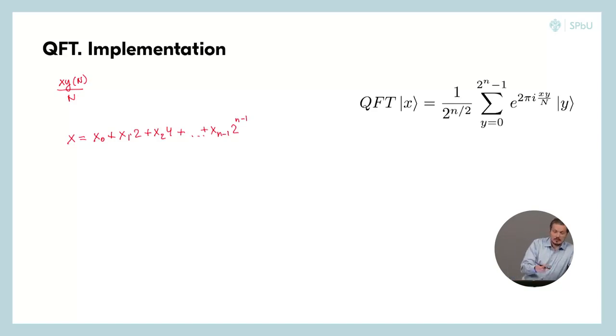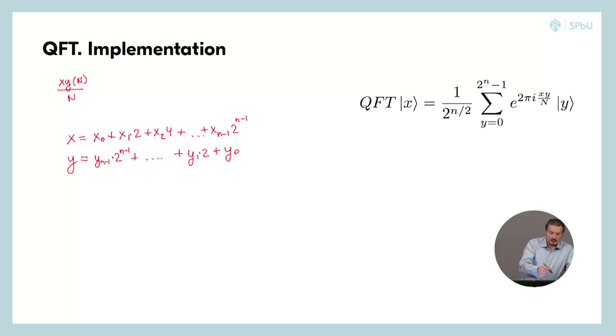Okay, and the same for y. y equals y_{n-1} multiplied by 2 to the power n minus 1, etc. plus y1 multiplied by 2 plus y0.